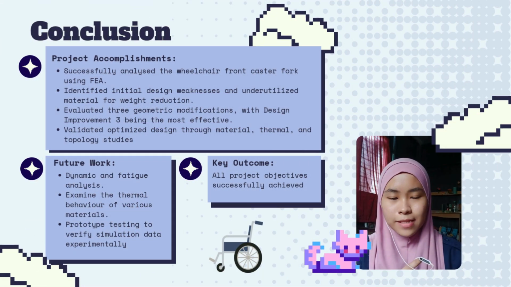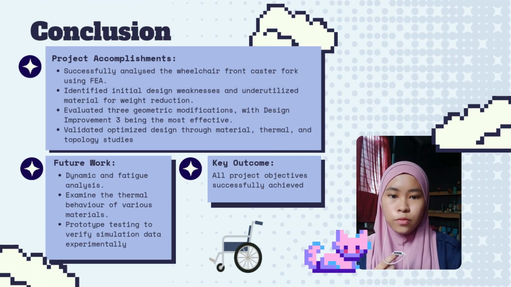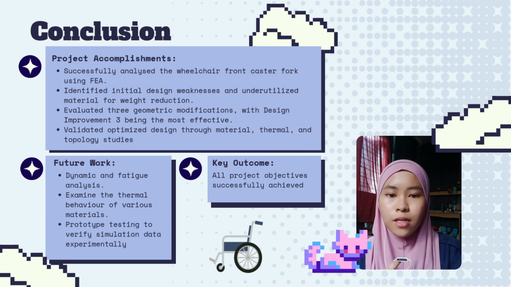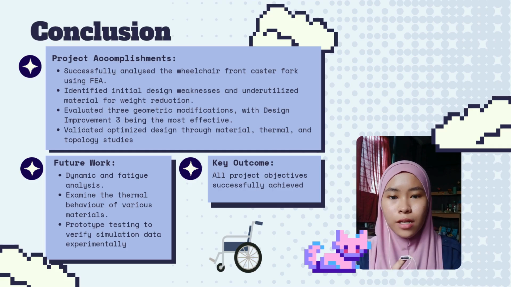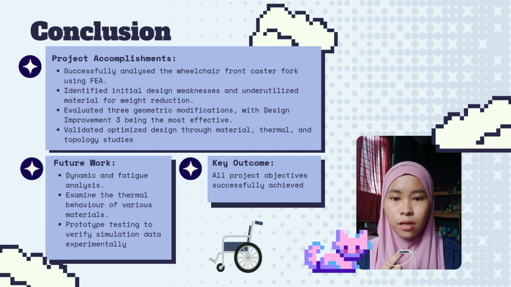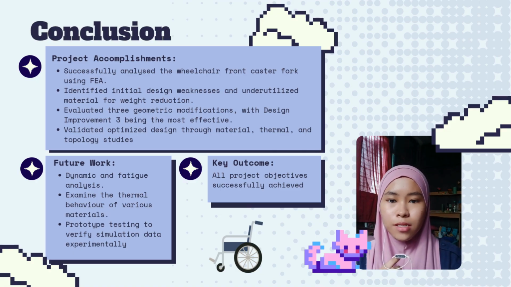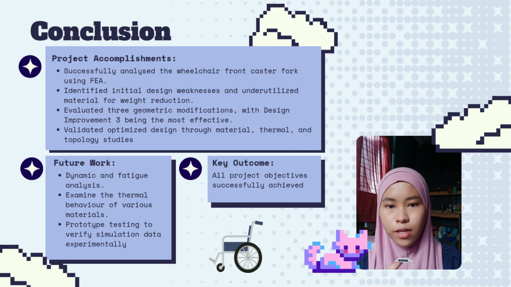To conclude our presentation, the study successfully performed a structural analysis of the wheelchair front caster fork assembly using finite element analysis. We identified that the original design had areas of underutilized material, highlighting a clear potential for weight reduction.